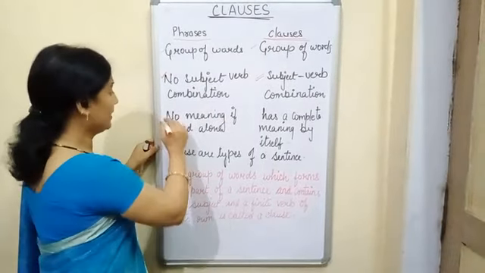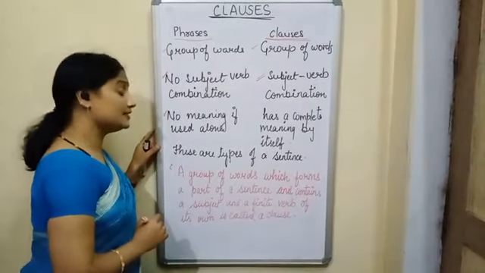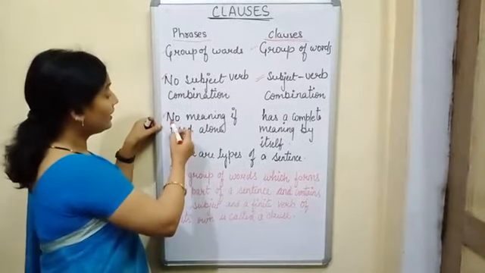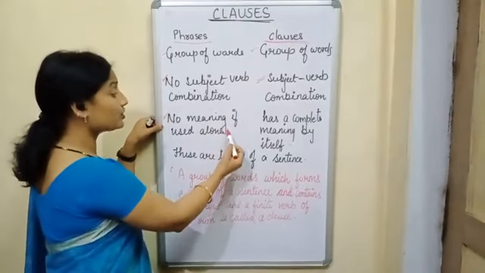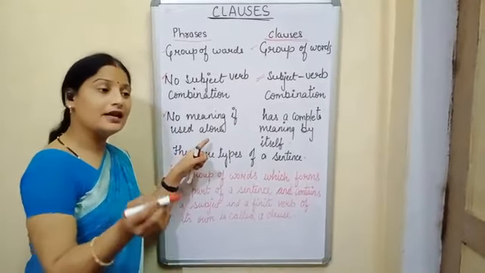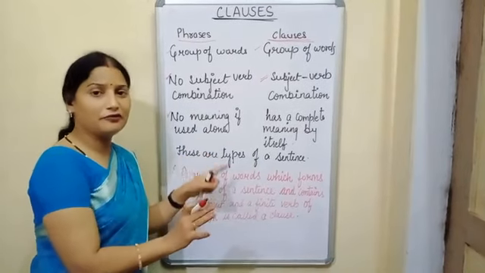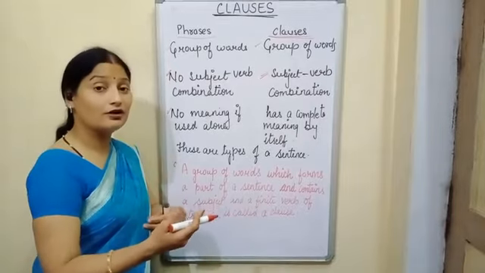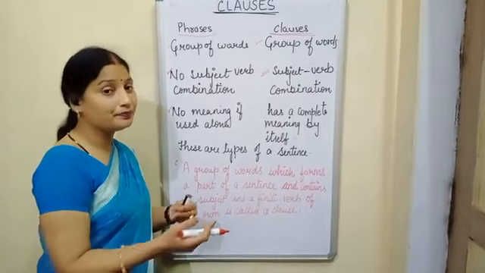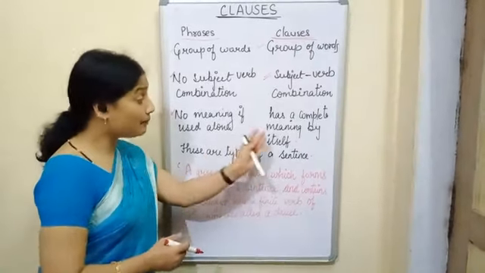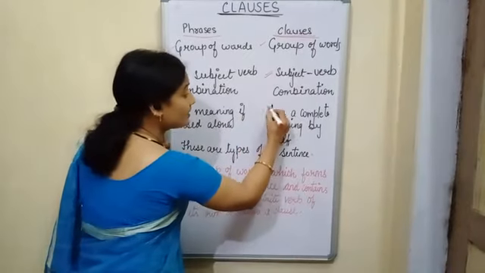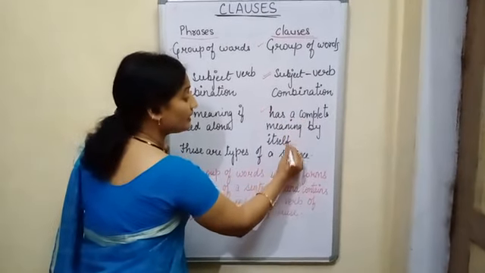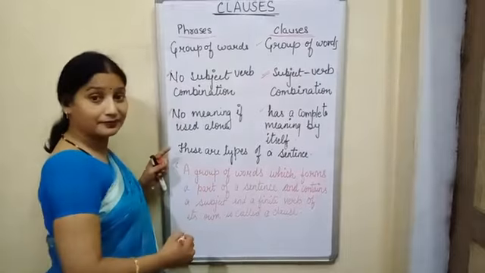subject-verb combination in the case of clauses. Clear? Then, in phrases, we have already read: no meaning if used alone. That is, if we use only a phrase, it has no sense. But if we use it with some subject and verb, then it will make sense. But a clause has a complete meaning by itself.